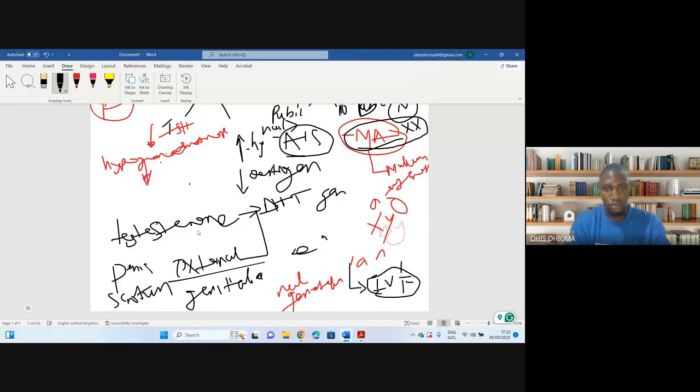And so testosterone needs to be converted to this by this enzyme 5-alpha reductase. And so if this enzyme is missing, that won't happen. And so this patient you're seeing right here, we have no external genitalia, but the internal genitalia is present.